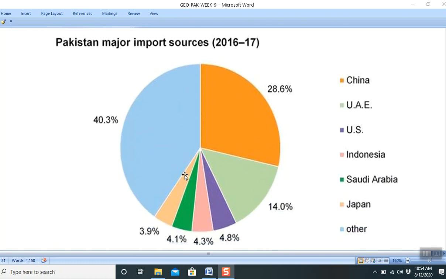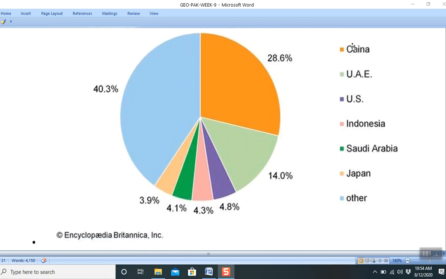Look at the major import sources in 2016 and 14 year.